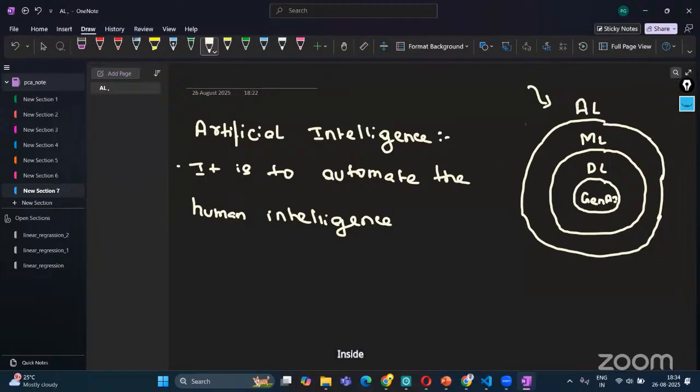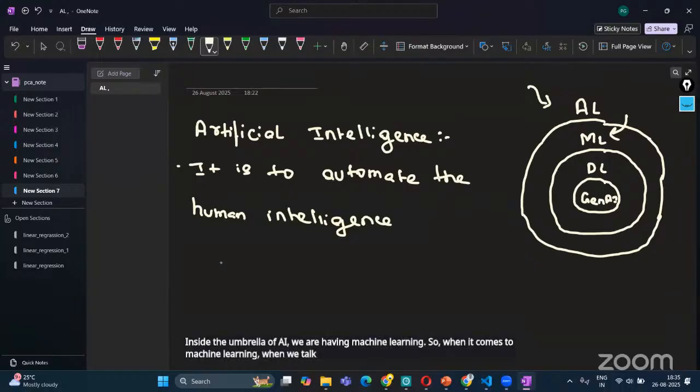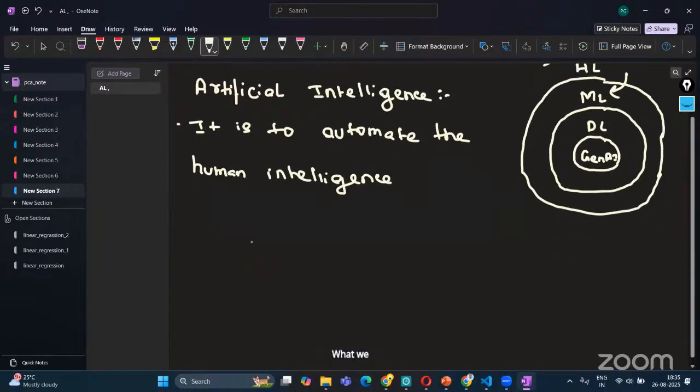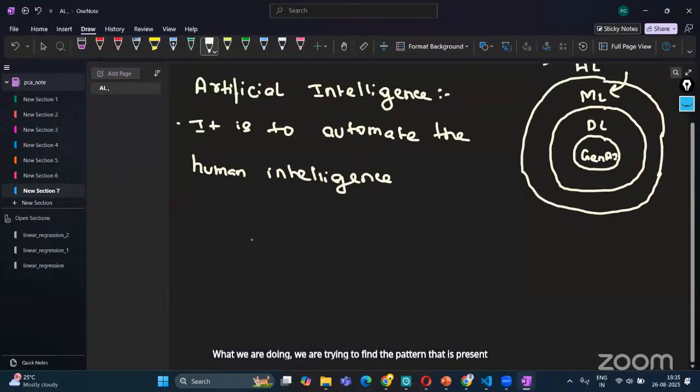Inside the umbrella of AI, we have ML, machine learning. When we talk about machine learning, we are trying to find the pattern that is present inside the data so that we can predict the future.